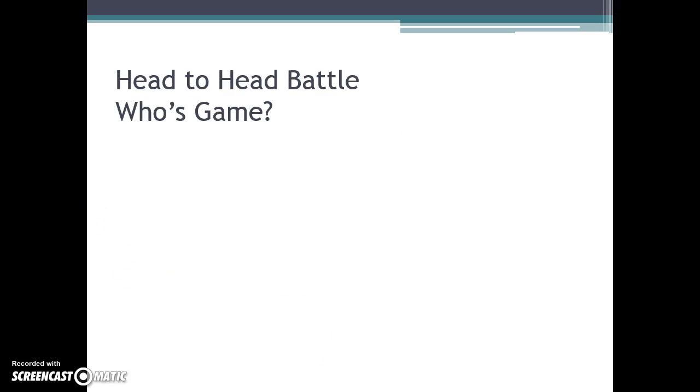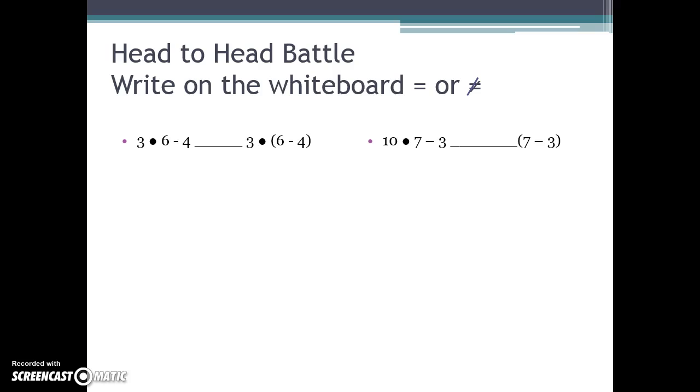All right, if we'd been doing this live in class like I meant to have happen on Tuesday, we would have a head-to-head battle, but we can't in this format. So I will do a couple of them for you to illustrate how we would use these two symbols. For example, in this problem right here, we have a 3 times 6. According to PEMDAS, we would do that part first. 18 minus 4 is 14.